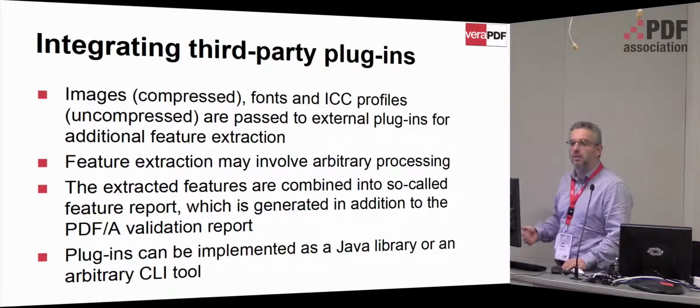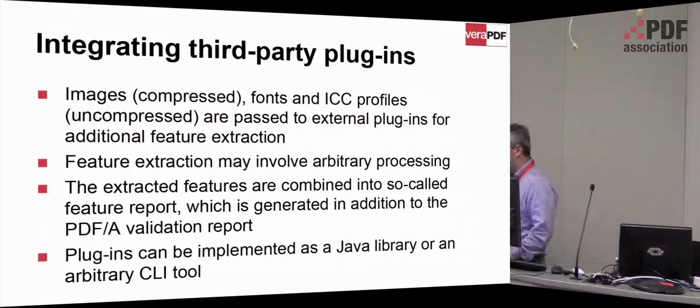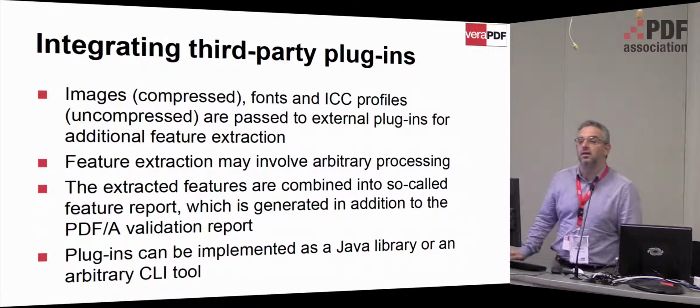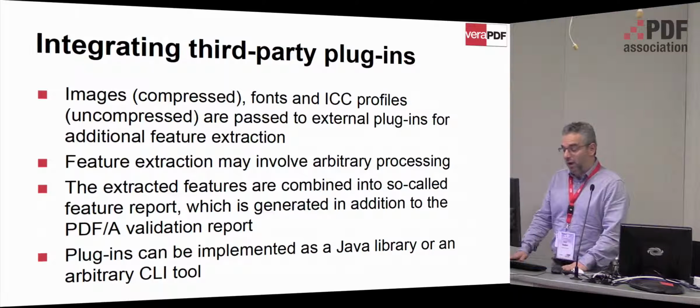For example, image analysis might involve analyzing whether it's a lossy or lossless compression or some other data. We've seen cases when CCITT is quite often broken and not fully correct. And then they report back to us.